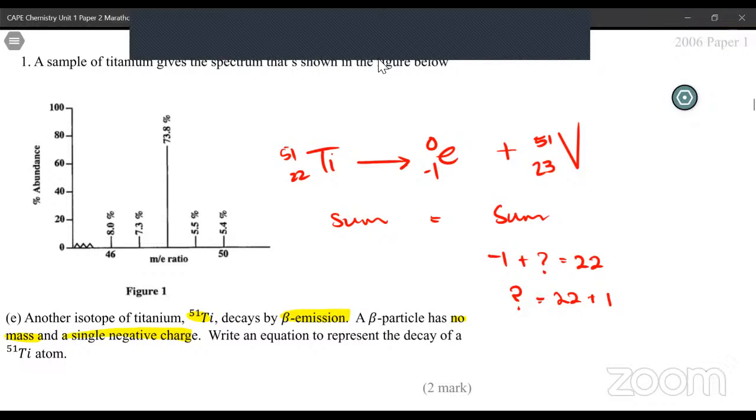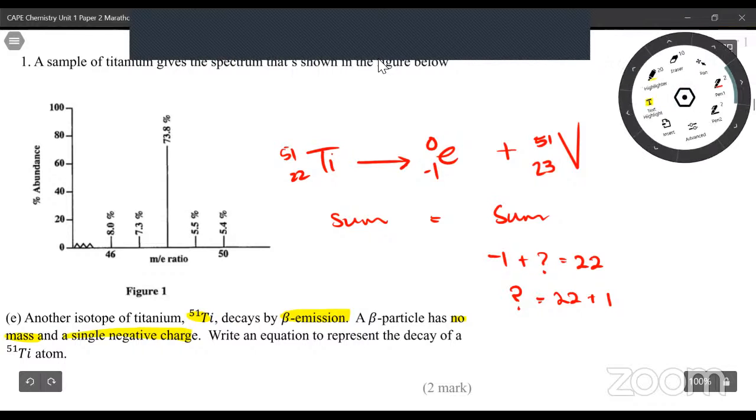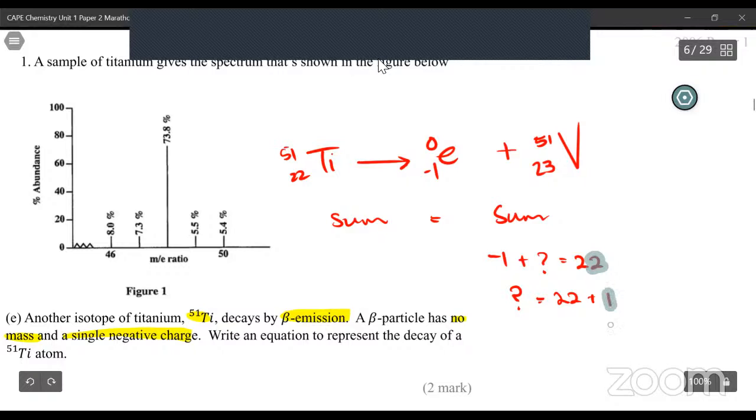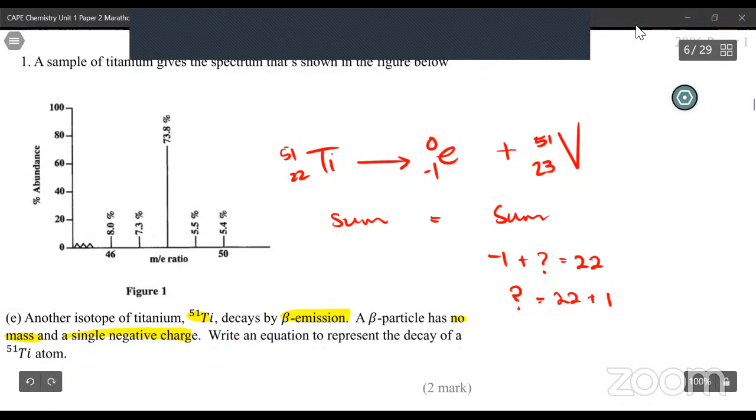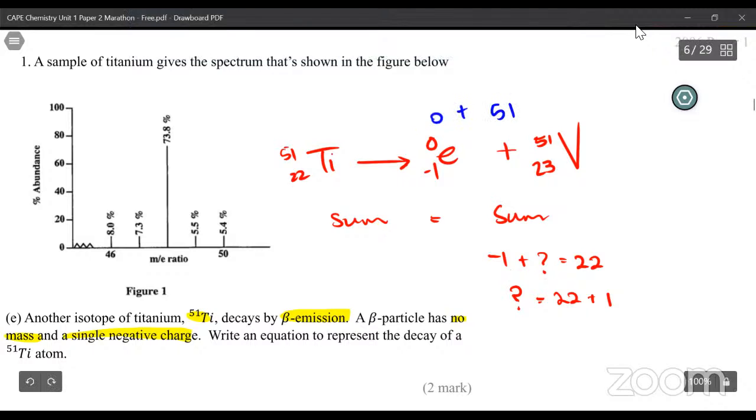Now, let me explain a bit more what I meant by the sum of everything being equal on both sides. All right. Now, here we have 0 for the mass number, plus 51, and that will be equal to 51, as you can see here. Now we need 22 for the atomic number, and we have -1 plus 23.